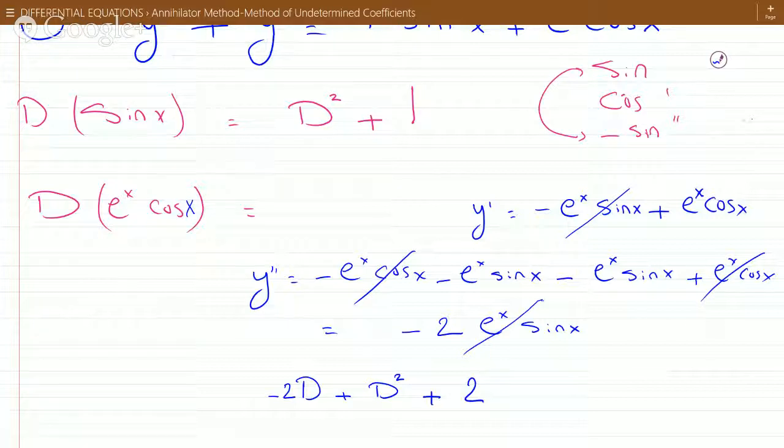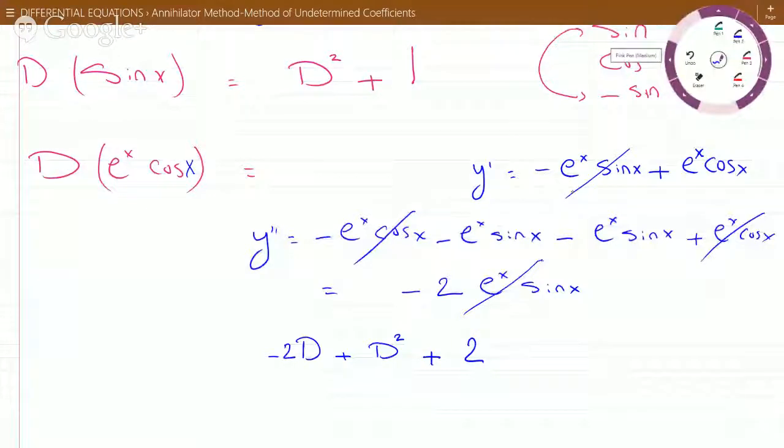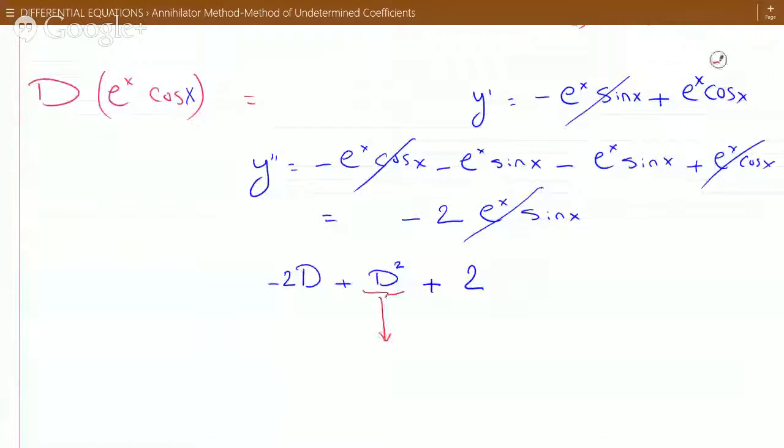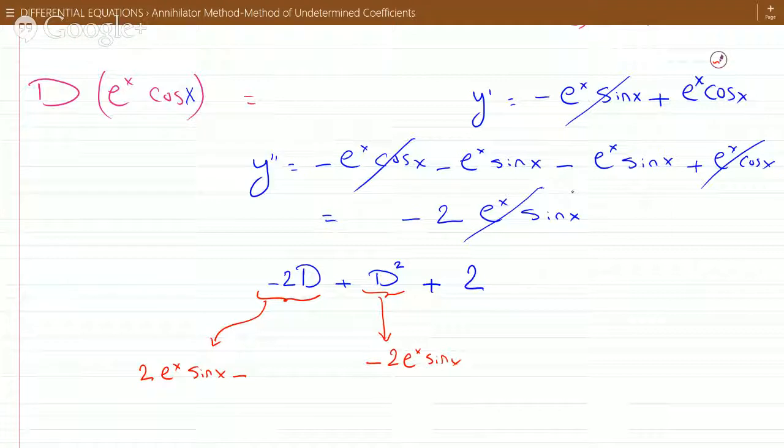D squared minus 2D plus 2. You get it? Here, I could show you how each one of those terms works out. D squared will be minus 2 e to the x sine x. Minus 2D will be minus 2 times the first derivative, so you will get 2 e to the x sine x minus 2 e to the x cosine x.